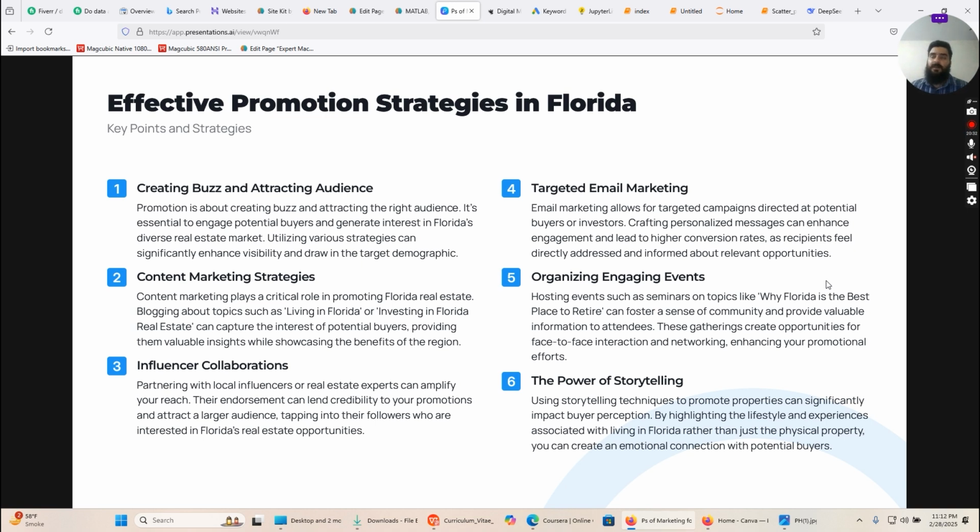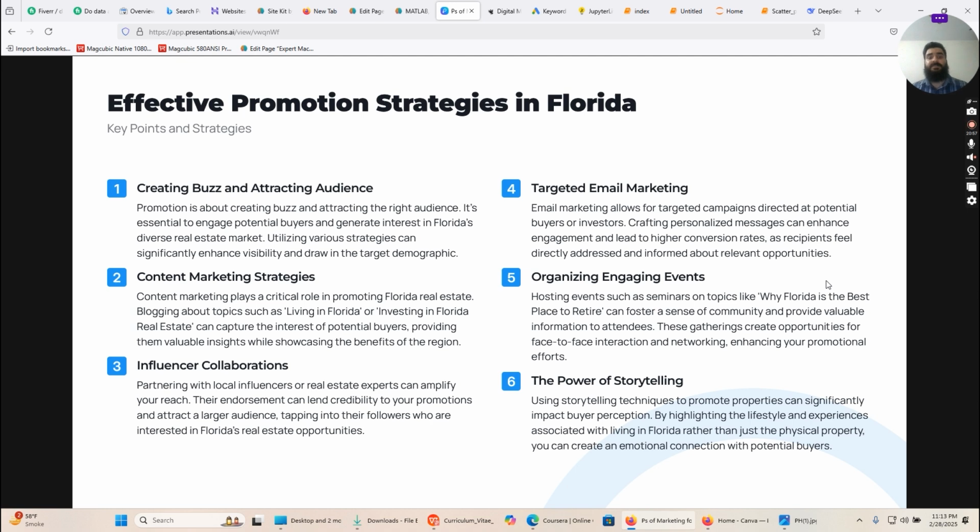For example, you write content about beautiful golf communities in Florida real estate. Then you might write a blog post about the real estate opportunities in Florida regarding beachfront houses, upscale condos, and so on. So content marketing plays a critical role in promoting Florida real estate.